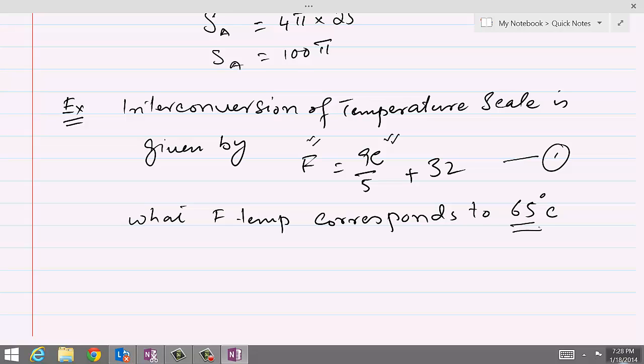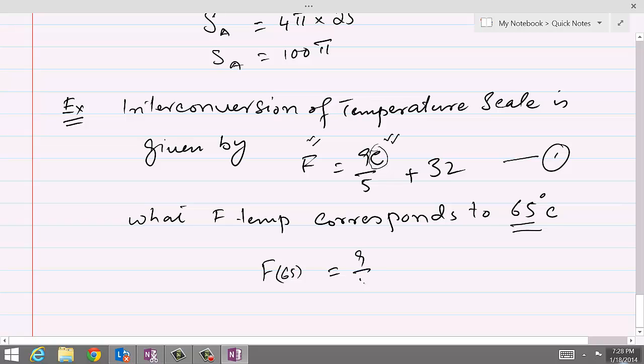So if it's simply evaluating the expression, here C is representing the temperature in Celsius scale. So we can find out F at 65, which means that what we are going to find out is 9/5, and instead of centigrades, we are going to write 65, plus 32.